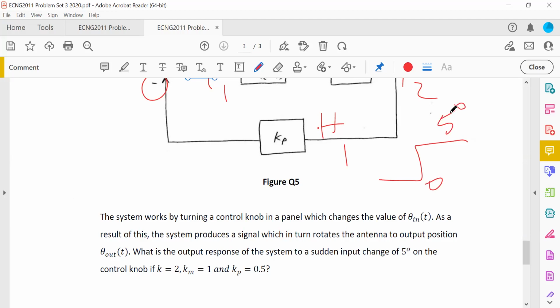But the same approach: you take the Laplace transform, which will be 5 over S. It doesn't matter whether the step is a rotational step change, an acceleration step change, or a voltage or a current step change. The answer is the same.